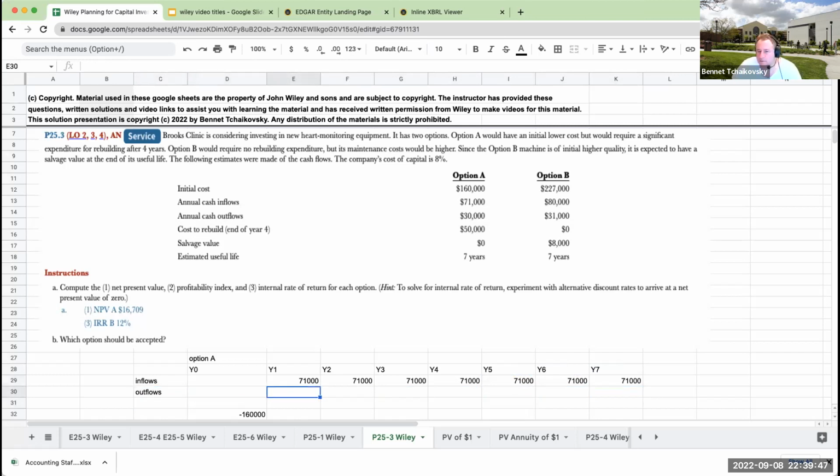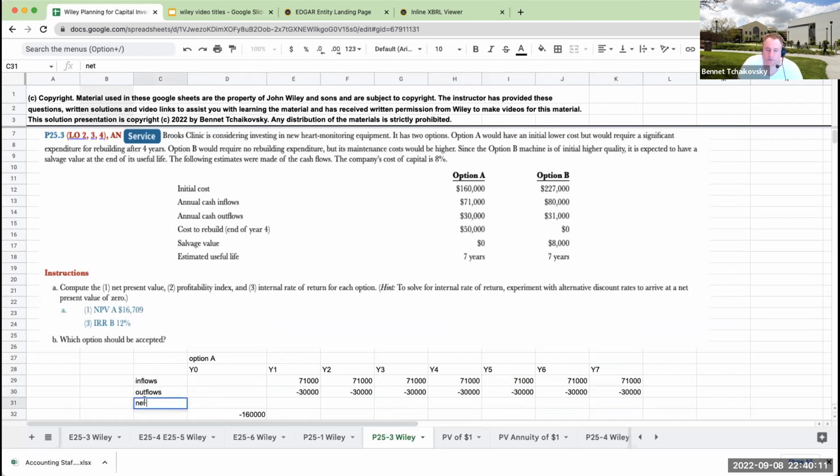My outflows for year 1 are going to be 30,000. For year 2, it's also 30,000. Year 3, it's also 30,000. Year 4, 30,000. Year 5, 30,000. Year 6, and year 7.